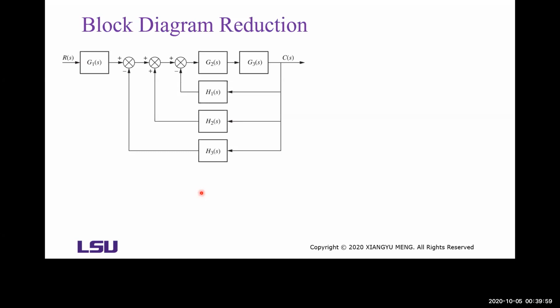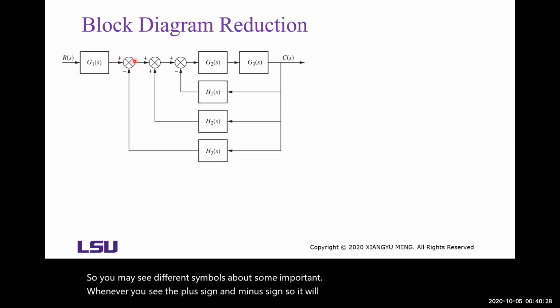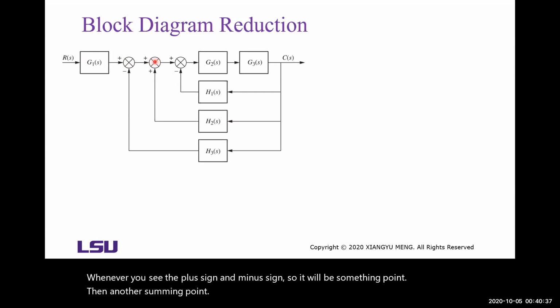This is the third example, block diagram reduction. Input R, then block G1. This symbol is also a summing point. So you may see different symbols for the summing point. Whenever you see the plus sign and minus sign, it will be a summing point. Then another summing point, the third summing point.